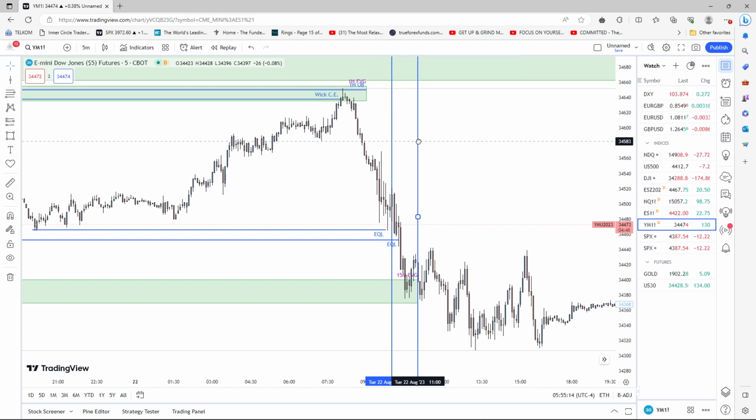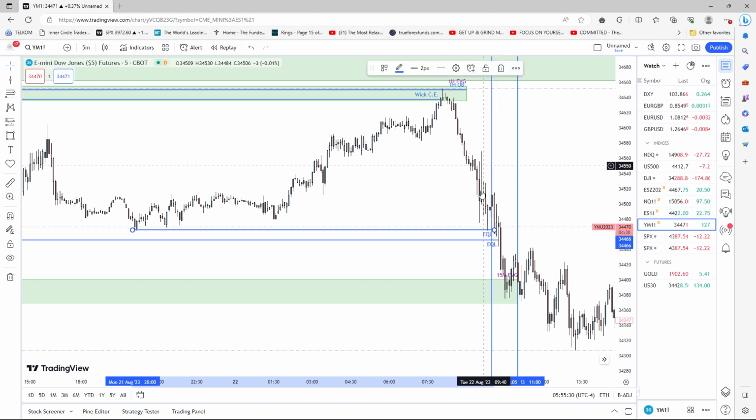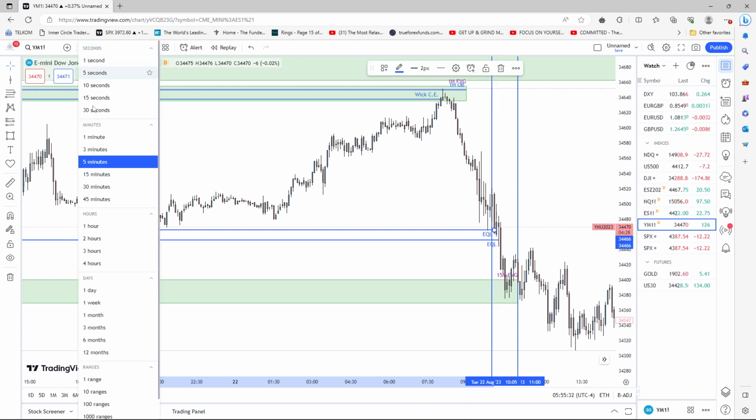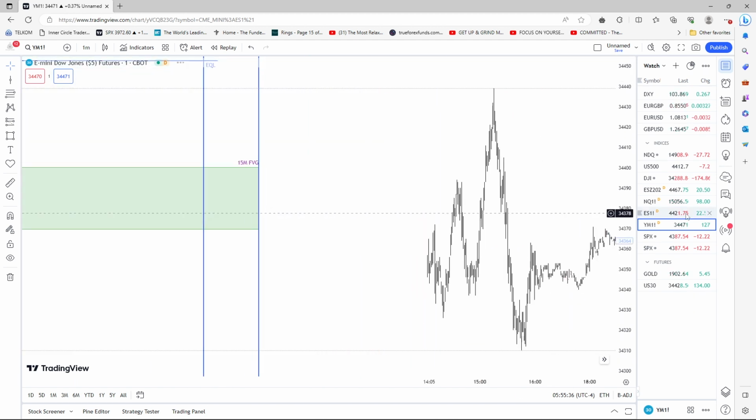Come on, 10 to 11. Let's see. Is this one correct? 10 o'clock. Good. All right. So you can see price really rallied quite a lot already before 10 to 11 a.m. Let's go down into a 1 minute and look at price action.